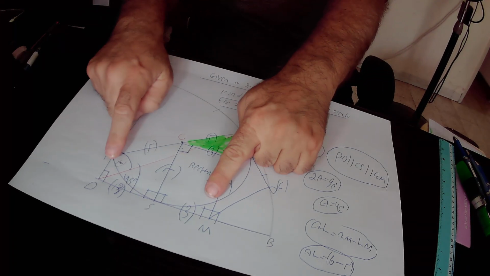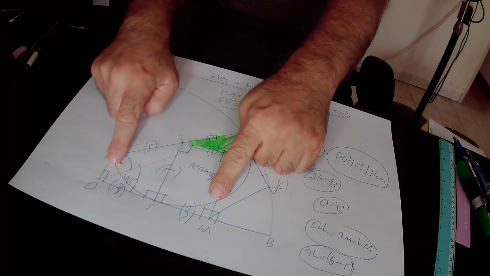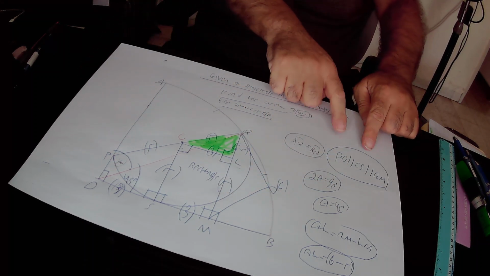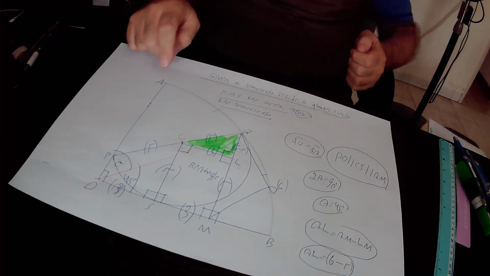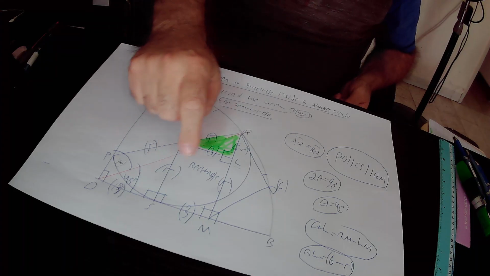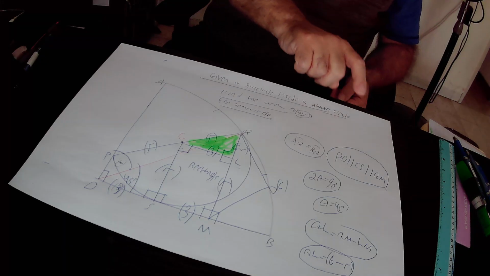Likewise, the sum of those two one-sided interior angles is equal to 180 degrees, and therefore they are located between parallel lines. That is to say, PO is parallel to QM. So in total, we find that those three lines, PO, CS, and QM, are parallel to each other.